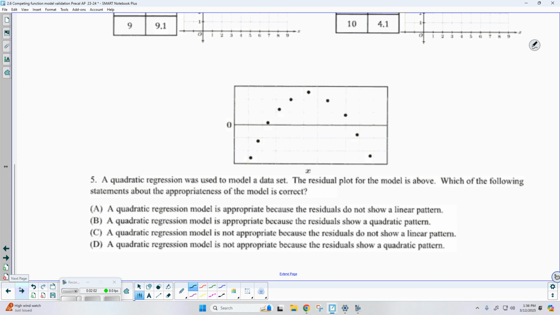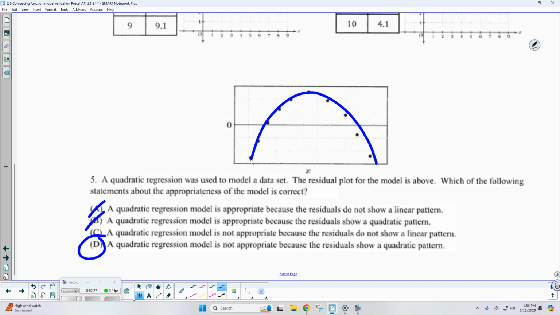When we're talking about a residual plot, if we see a pattern, that means the model you used is not appropriate. You want to use something else. So we want to see just a bunch of points in space. So this one is definitely going to have a pattern to it. So that means that A and B are out. So based on the answers here, because it shows a quadratic pattern, that's the one that I would choose.